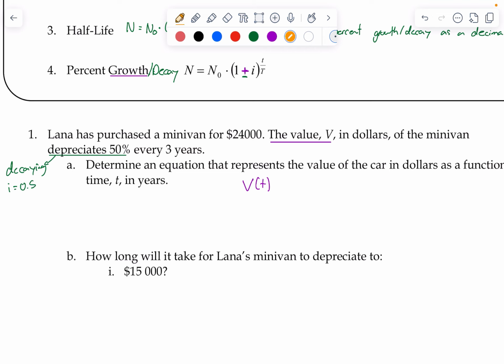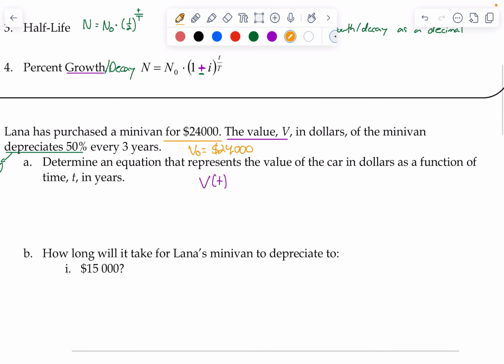It's saying that the minivan was purchased for $24,000. So that's your initial amount. That's N naught, or I guess V naught technically, because we're using V as our variable. And every 3 years, that 50% is depreciated.